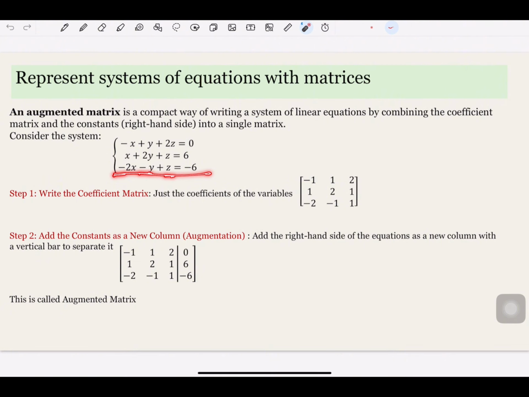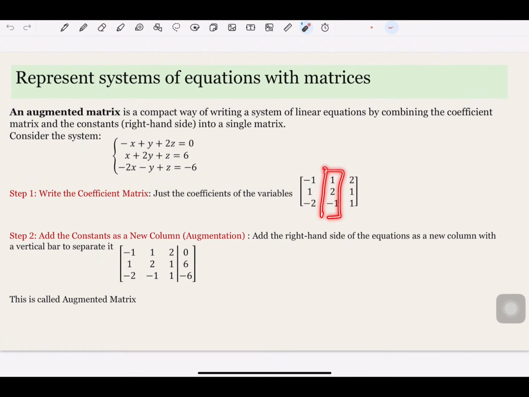So what you have to do is extract these coefficients and put them in this format. If you take the first column of this matrix, these numbers contain the coefficients of the x variable. This is the coefficient of x in the first equation, this is the coefficient of x in the second equation, and -2 is the coefficient of x in the third equation.